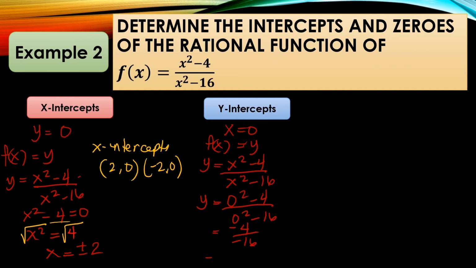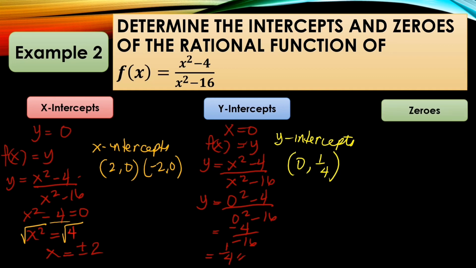Simplify. So the answer is positive 1/4. So meaning y-intercept is 0, 1/4. How about zeros? Zeros is also 2, 0, and negative 2, 0. That will be the x-intercepts.